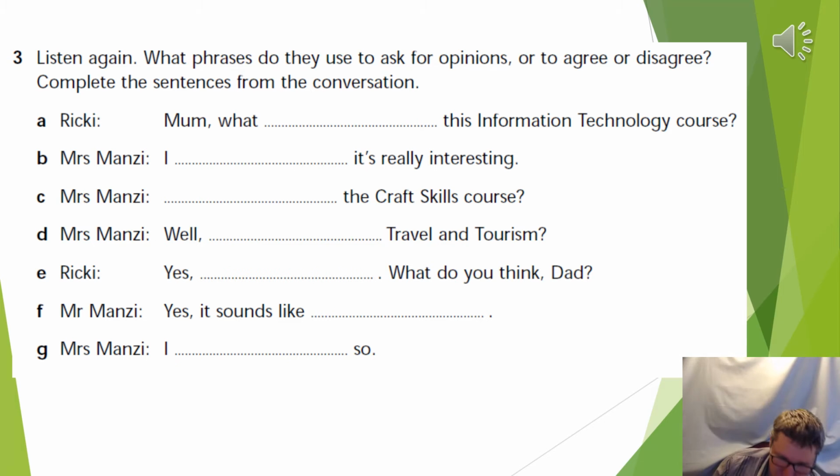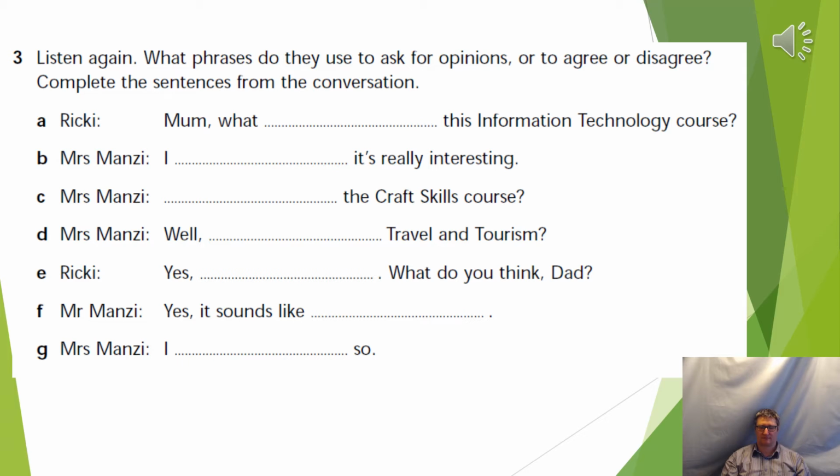Choosing a course, activity B2. Mum, what do you think about this information technology course? I think it's really interesting. It teaches all the important things like word processing and the internet. Yeah, but I know all that and it's boring. I want to study something practical where I can do some work as well. Yes, it's good for you to do something useful. What about the craft skills course? Building work? No, thank you. I think the sooner you can earn some money, the better. Well, how do you feel about travel and tourism?